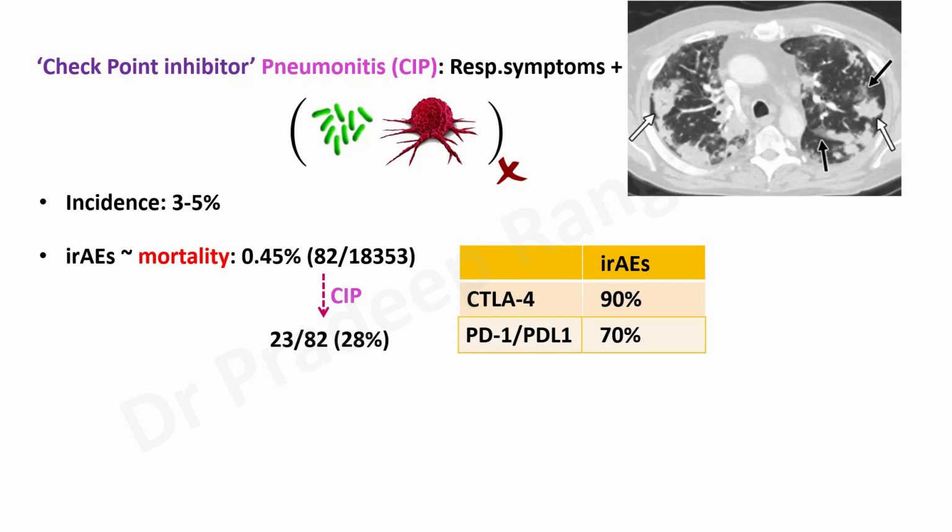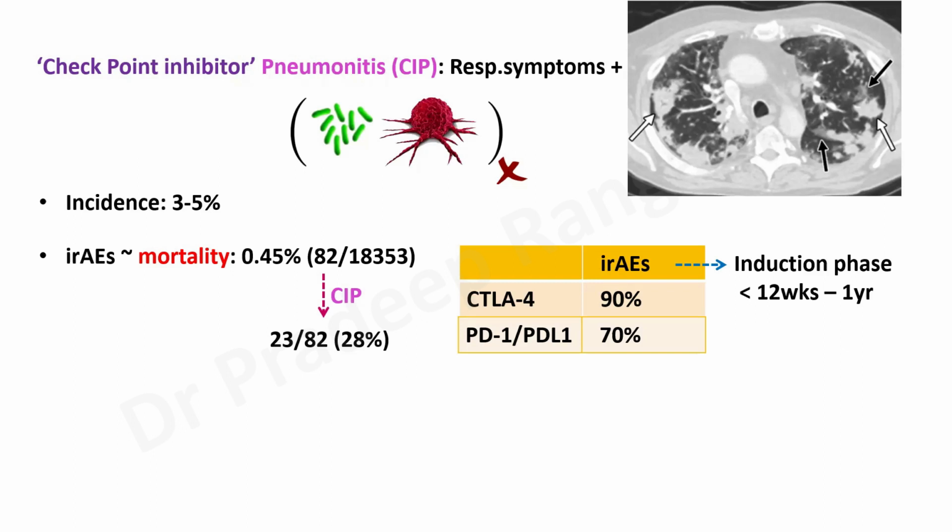Some of them may be very mild, may not be noticeable, but if they develop pneumonitis, it can be severe, it can be lethal because 28% is the sort of mortality that can happen with pneumonitis. This is something intensive care trainees need to be aware of when you're dealing with onco-intensive care patients.